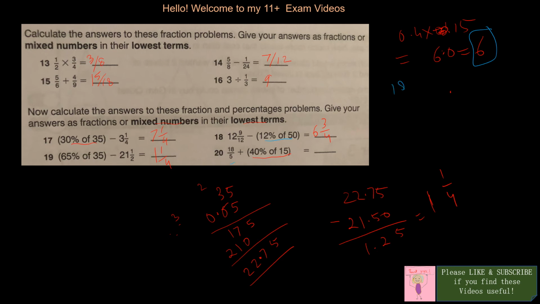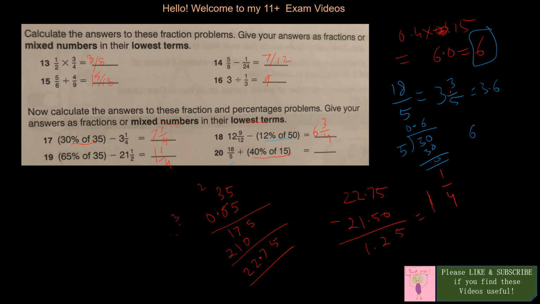18 out of 5 equal to 5 times 3 is 15. 3 out of 5. So if you do 3 divided by 5, get a decimal point, 0, 6, 30, so it's 3.6.